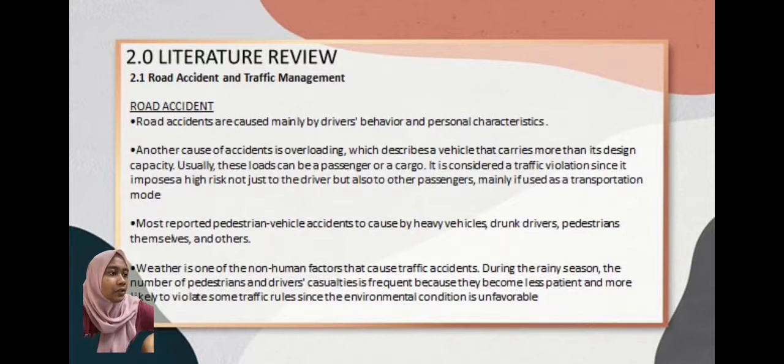Third, most reported pedestrian vehicle accidents are caused by heavy vehicles, drunk drivers, and pedestrians themselves and others. Next, weather is one of the non-human factors that cause traffic accidents.